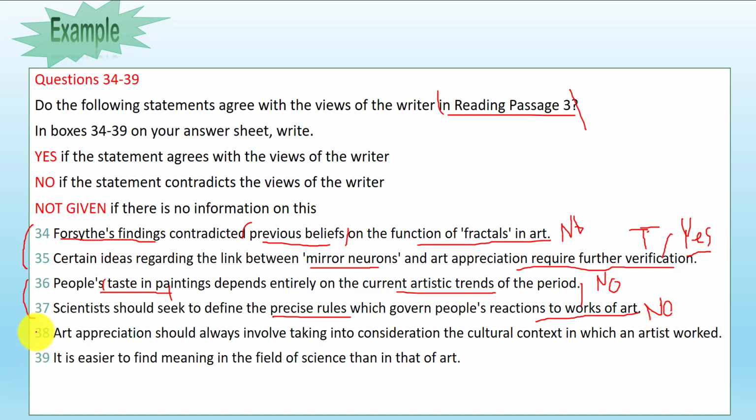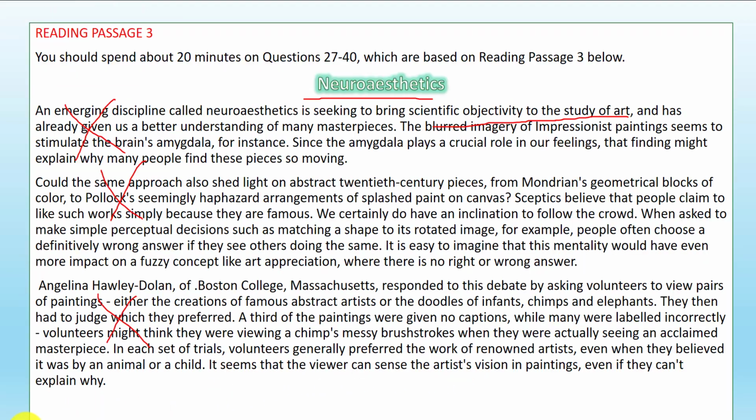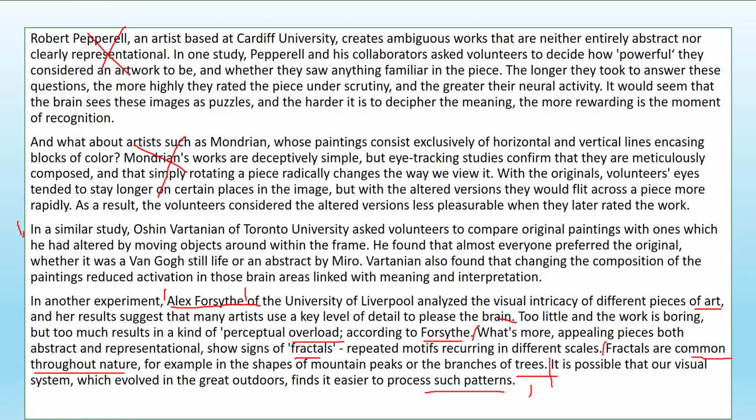Let's go to our last set of questions. Art appreciation should always involve taking into consideration the cultural context in which an artist worked. Consideration of cultural context, and it is easier to find meaning in the field of science than in that of art. Now let's go to this set of questions.